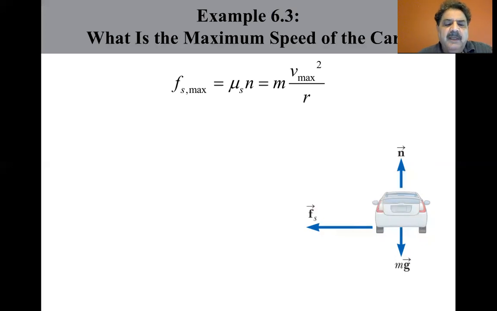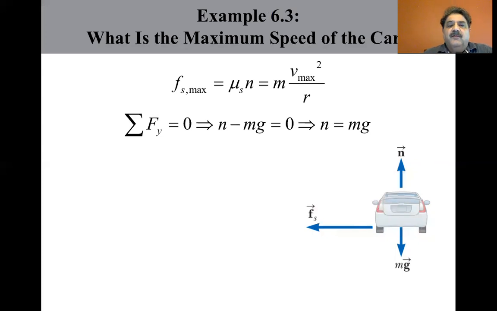Apply the particle in equilibrium model to the car in the vertical direction. The forces in the y direction have to equal zero because the car isn't moving up and down either way. So the normal is equal to mg. So let's solve the first equation for the maximum speed and substitute for n.